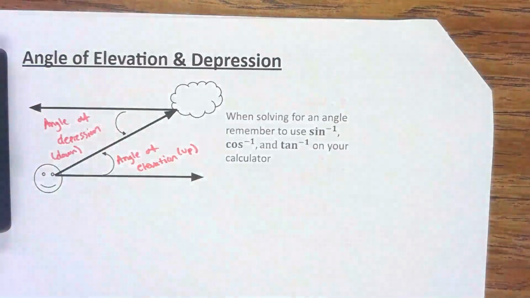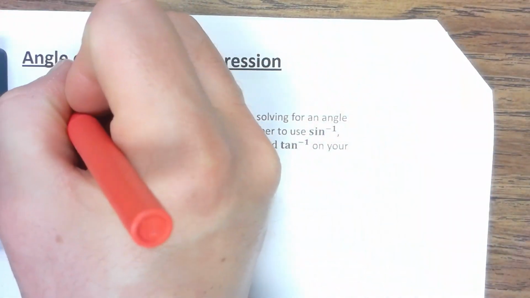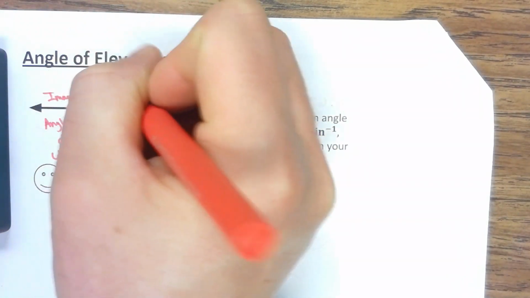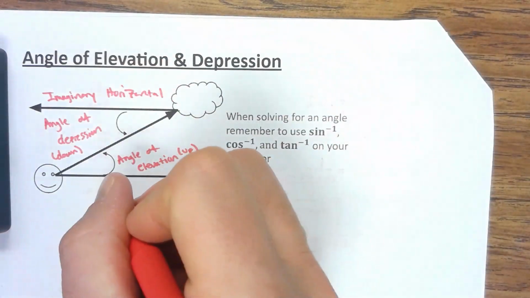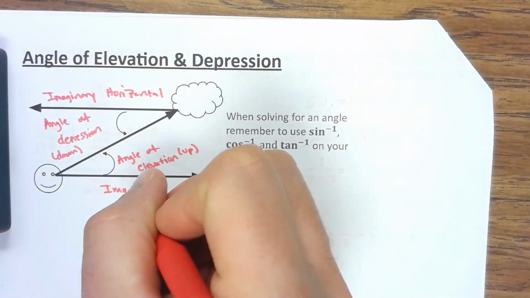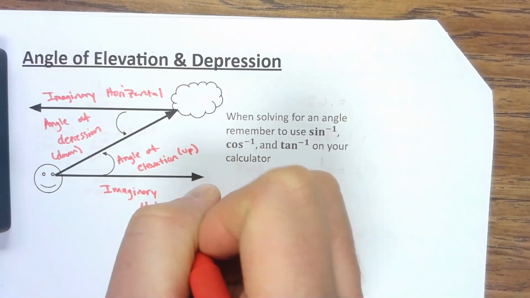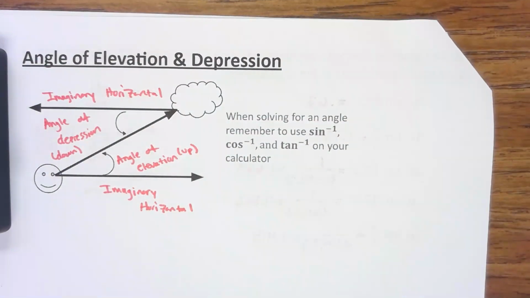So elevation up, depression down. And let's just add in, this is kind of an imaginary horizontal. It's not always going to be imaginary, it just depends on the context of the problem. So I would draw all that in.